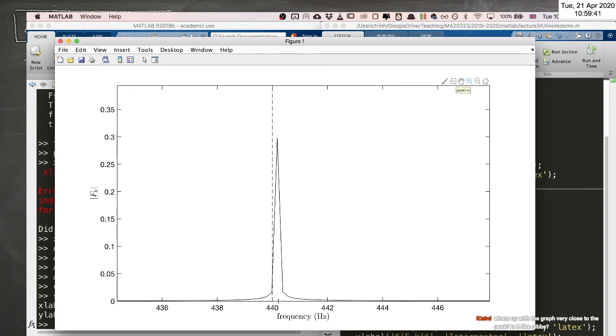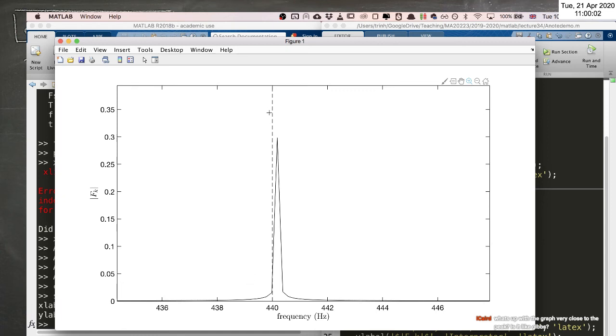It's not quite exact, I think, because there might have been an error in my code where I shift the index by a +1. But that peak you would expect to lie right at 440 hertz. So I have to go and find that error in my code. Okay? And there's a similar peak at 659.3.